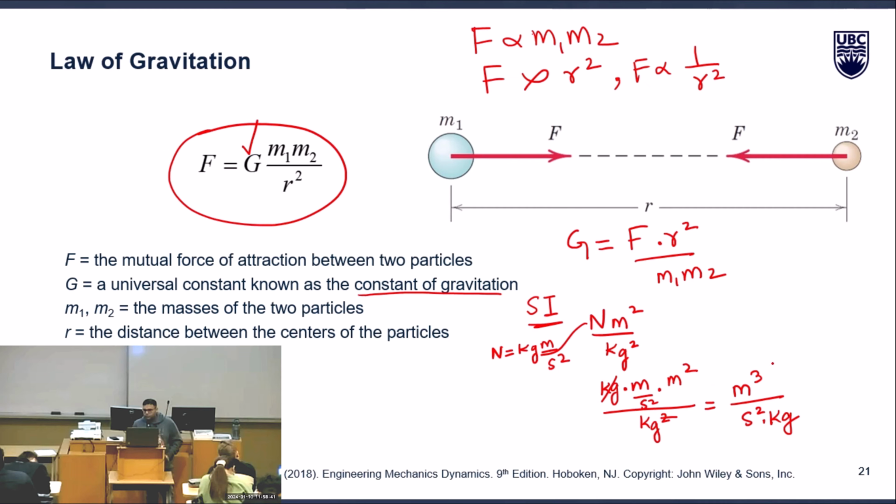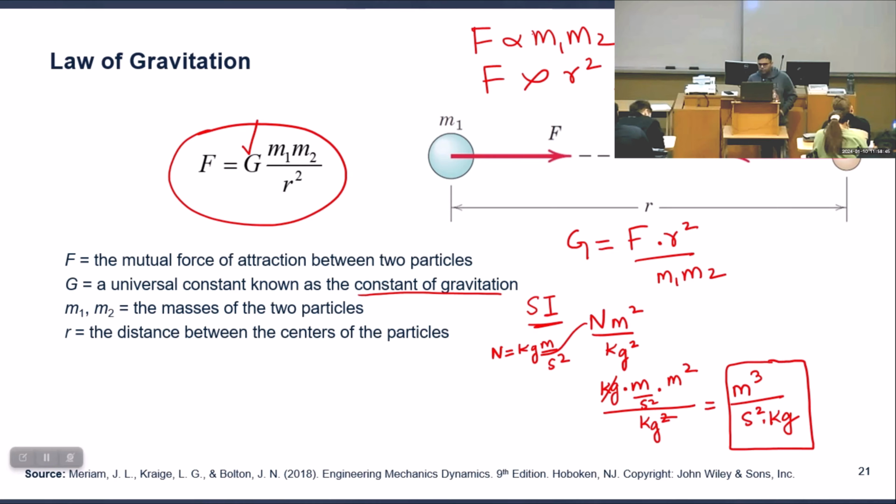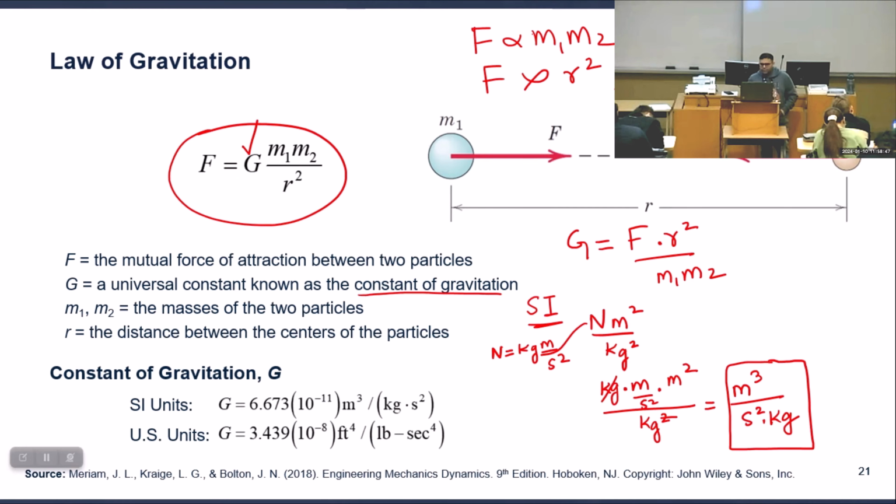So these will be the units of capital G in the SI system, right? So it is 6.673 into 10 raised to power minus 11 meter cube divided by kg into second square, right? So now you know exactly how these complex units we have seen in the SI system.